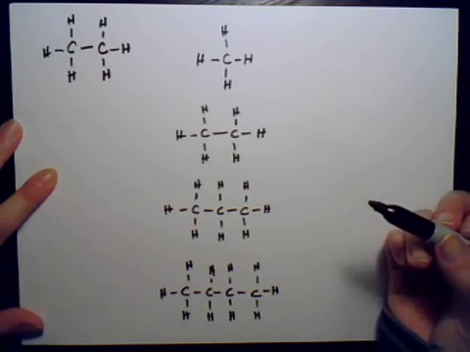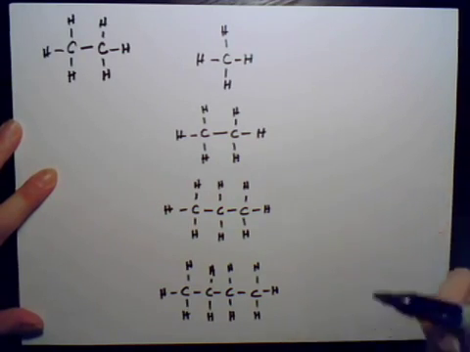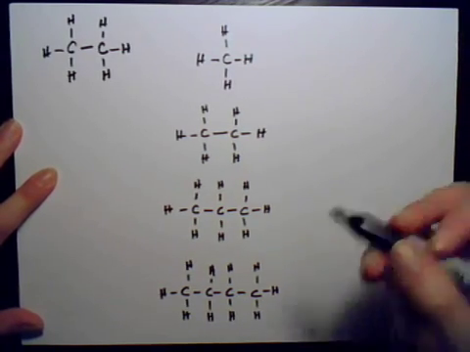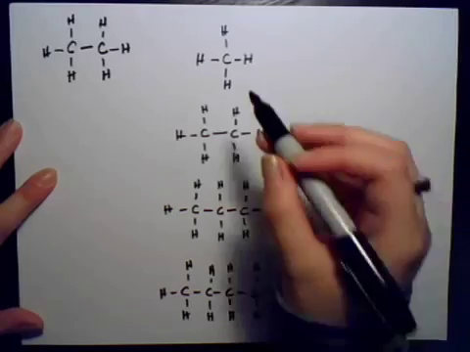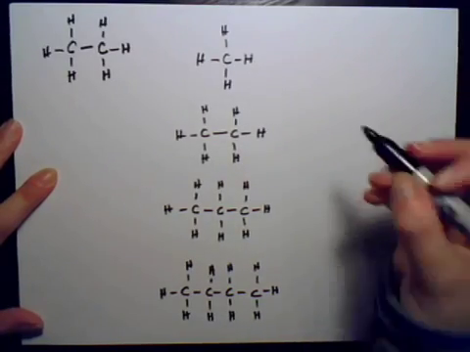The first 4 are going to be methane, ethane, propane, and butane. I like to remember meth, eth, pro-bu. If I'm trying to figure out the name of a hydrocarbon, I just go through that, counting how many carbons there are.